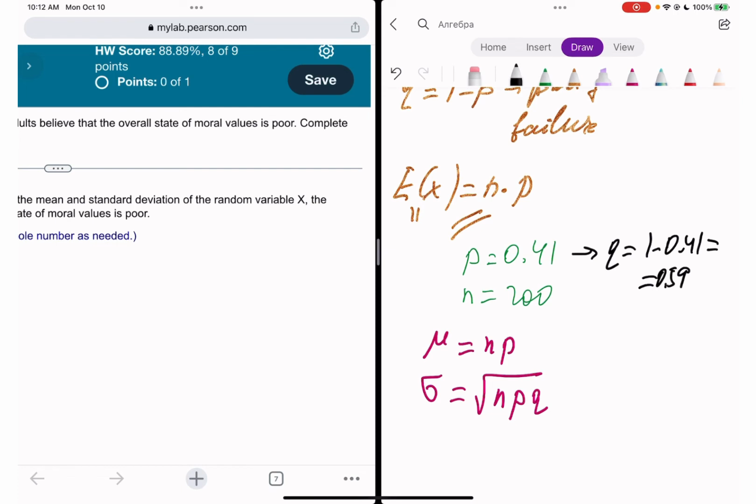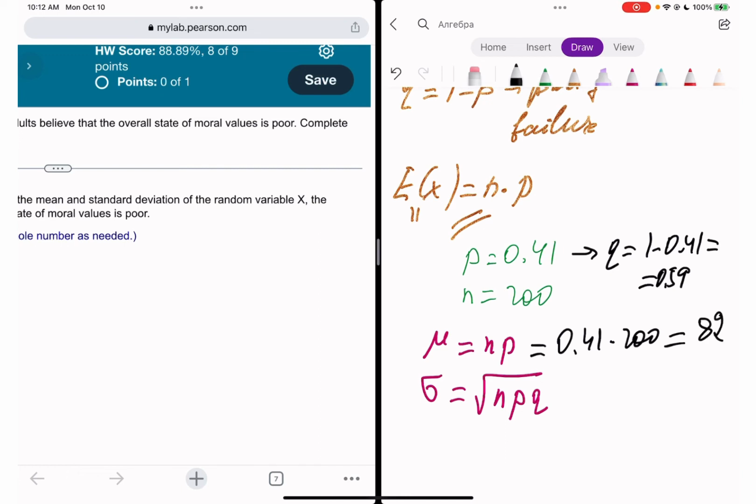So here we have 0.41 times 200, and we are getting, so 0.41 times 200, I'm getting 82.